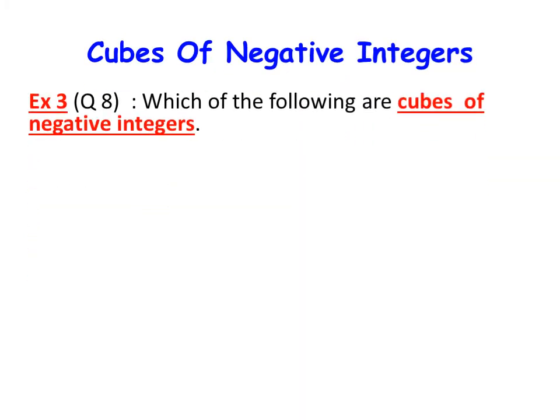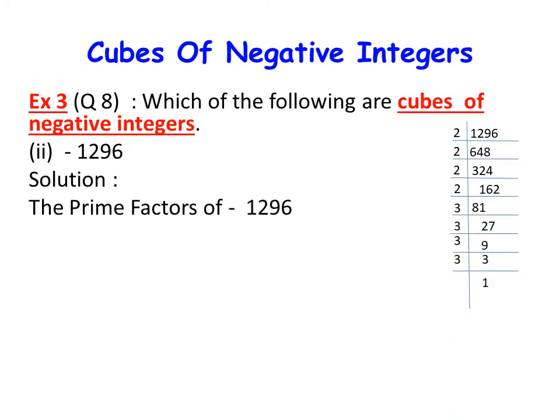Let's see the next part. Okay. Now the second part of the question, again you have to check whether minus 1296 is a cube of a negative integer or not. Same procedure will be followed.